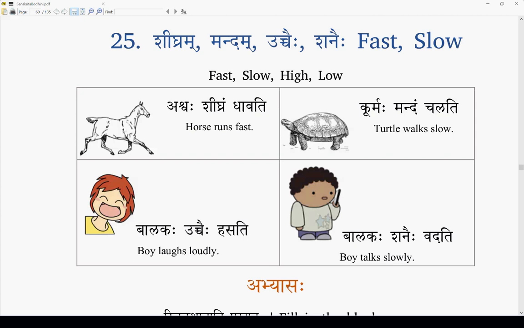Because we are not asking Ashvaha Katham Asti, the question is not that. Ashvaha katham dhavati. That's a good question.